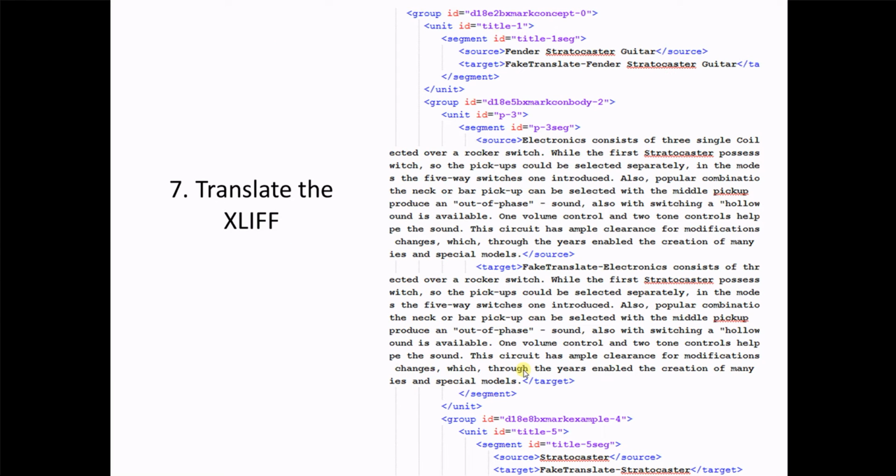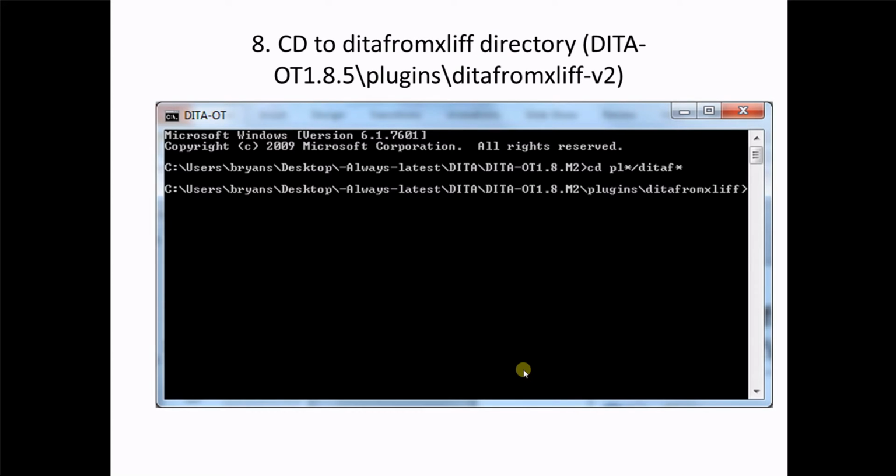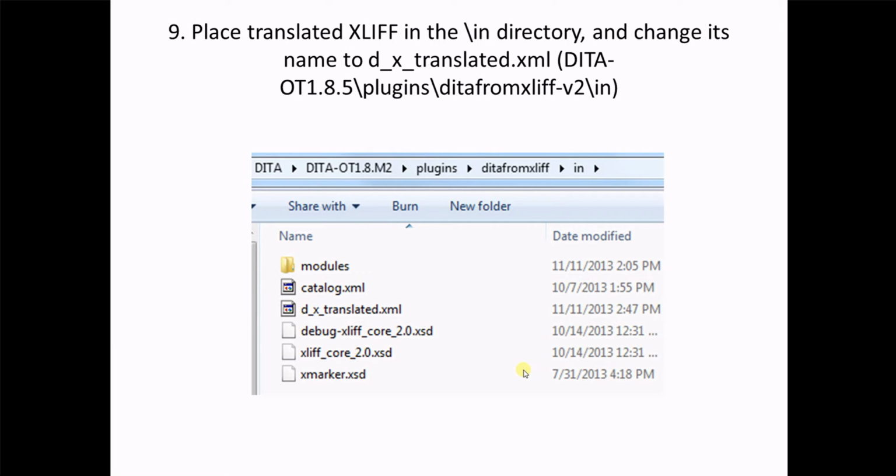So then you would translate the XLIFF file, and in this case I got really lazy in my pseudo translation and just prepended each segment with fake translate dash, and then did that throughout the whole XLIFF file. So then you would cd to the ditafromxliff directory, and you would place the translated XLIFF into the prescribed directory there under the prescribed name.